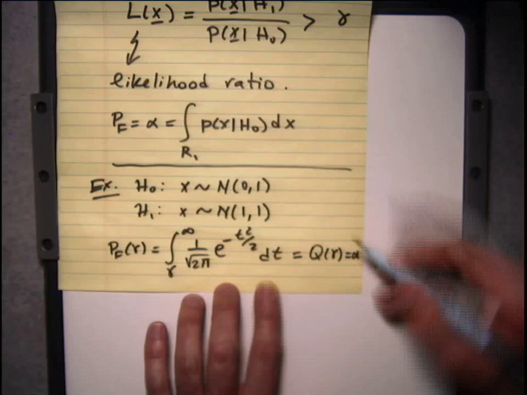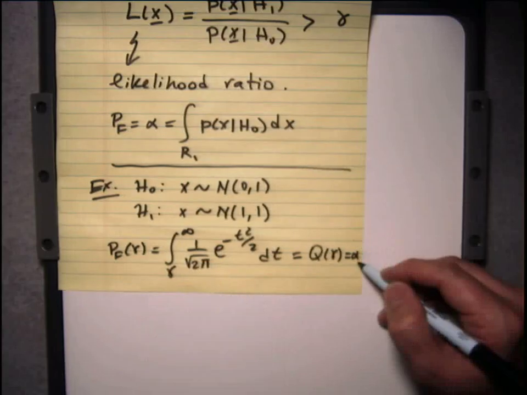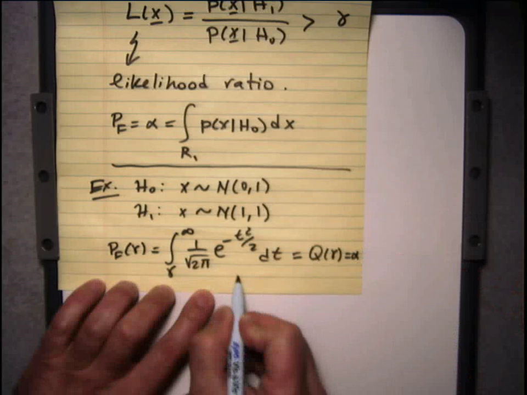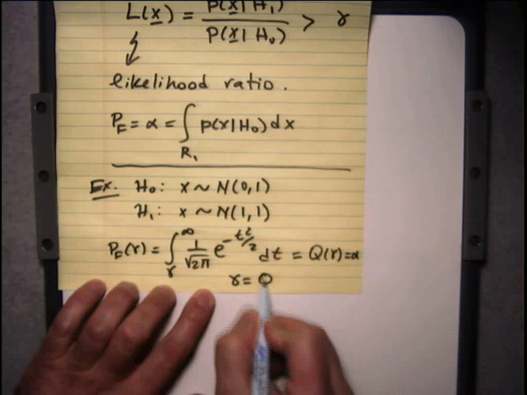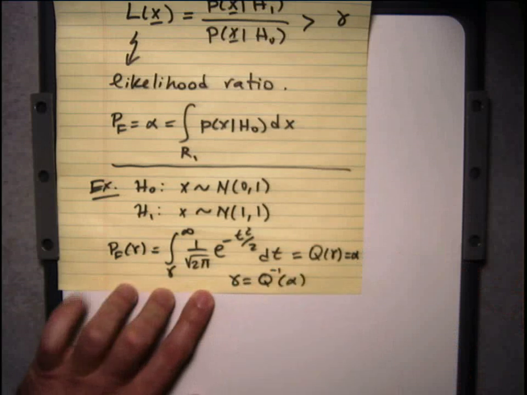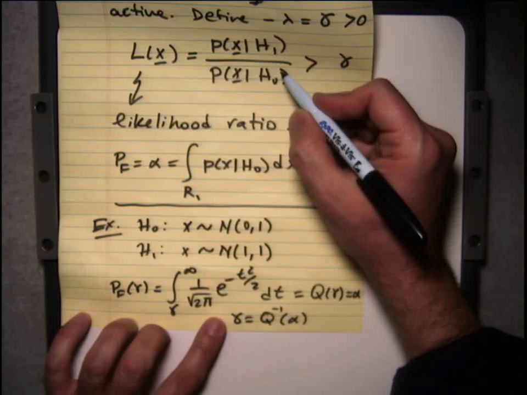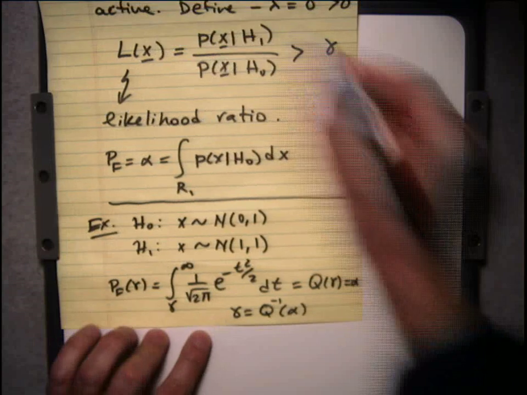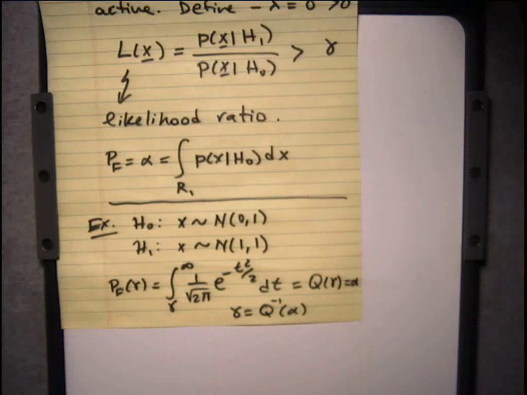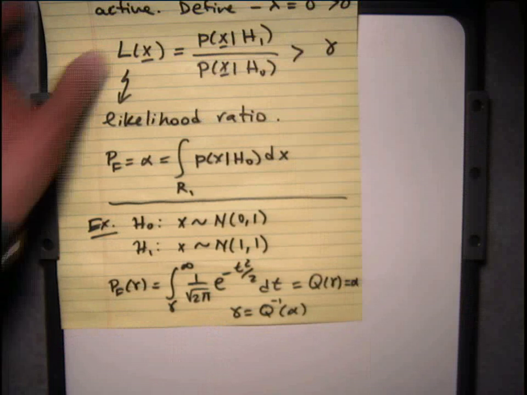Let's say you're setting alpha to be 10 to the minus 2. Then gamma becomes Q inverse of alpha. Once you have this gamma, you can stick it in here and do your likelihood ratio test. This will define your overall test. And we'll do more examples.